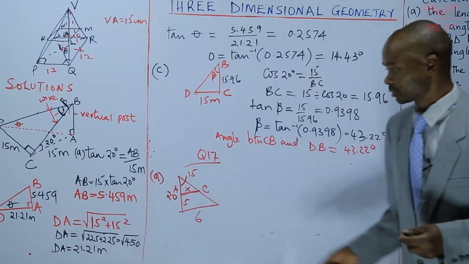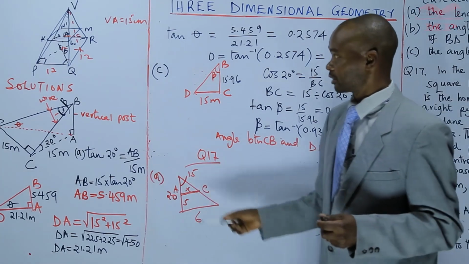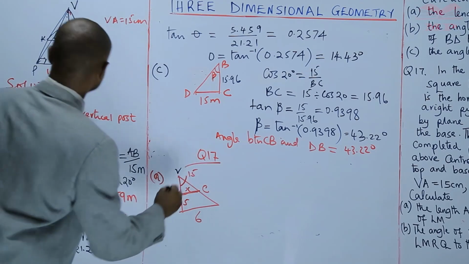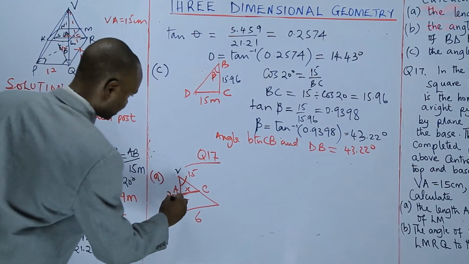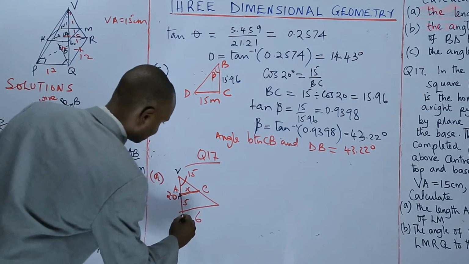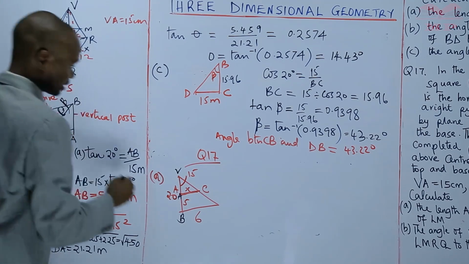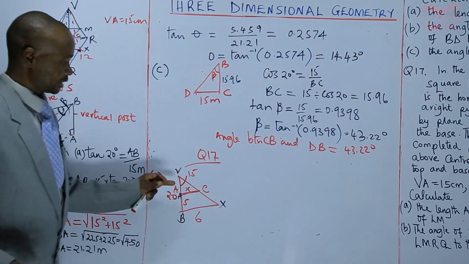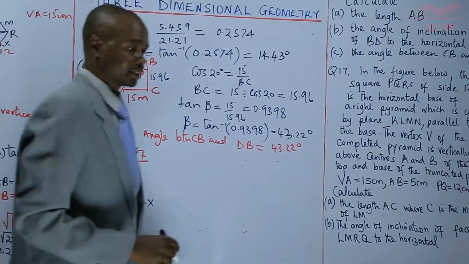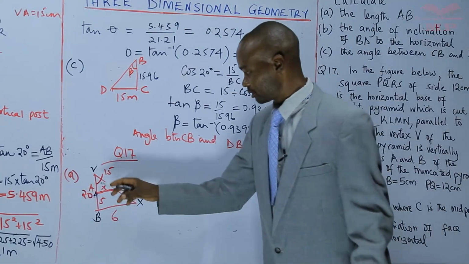I'll use similar triangles. The small triangle, if I give the vertexes, V, this is A, that is C, this is B, and I can give here a new letter X. You look at this triangle, VBX is similar to triangle VAC.